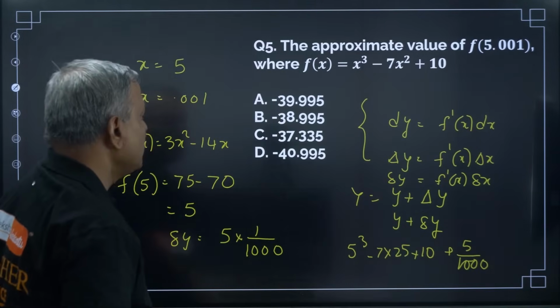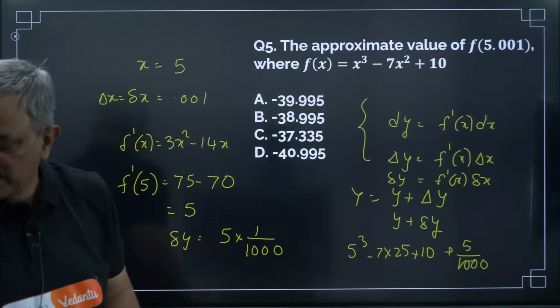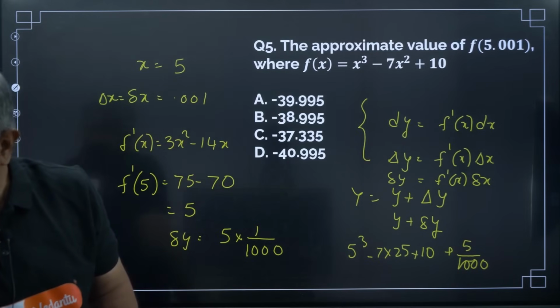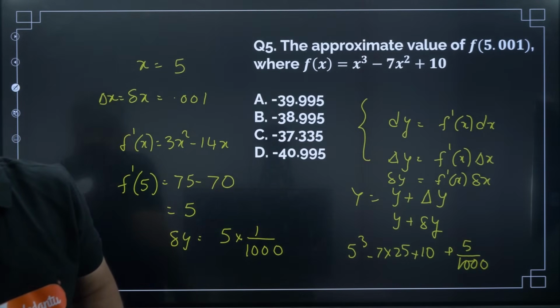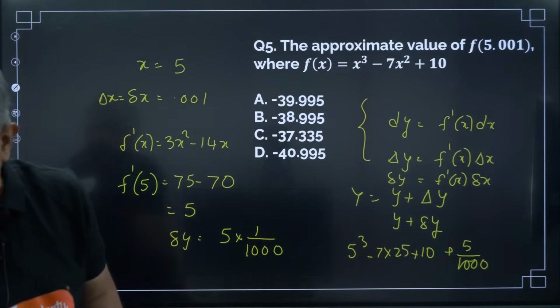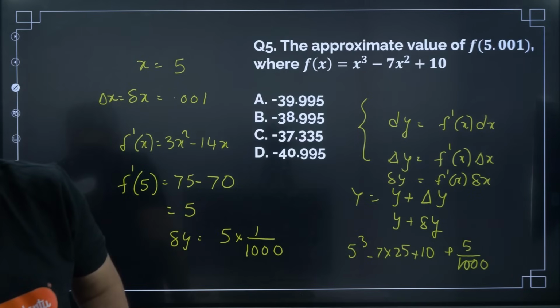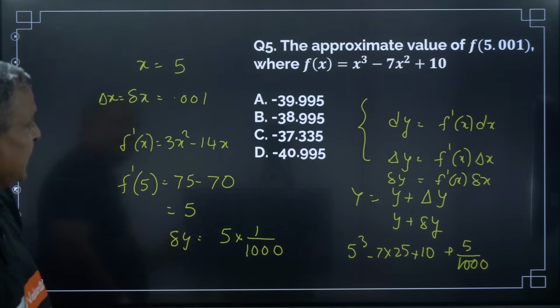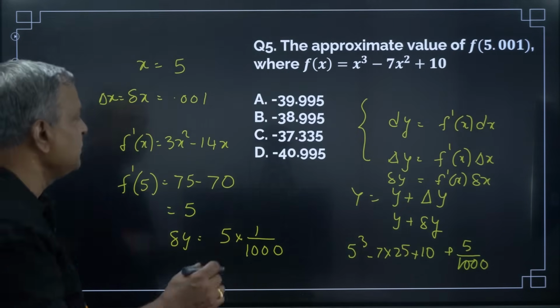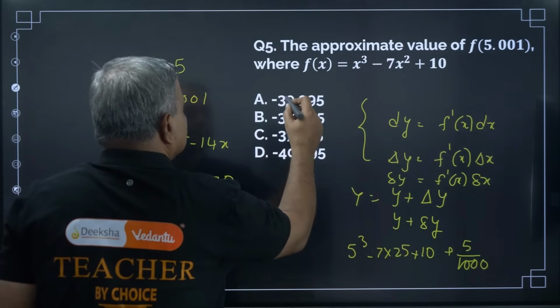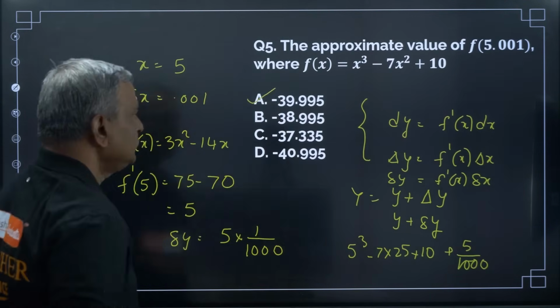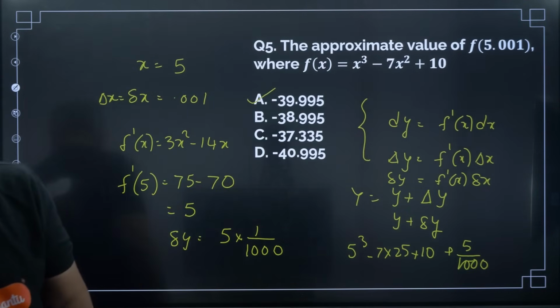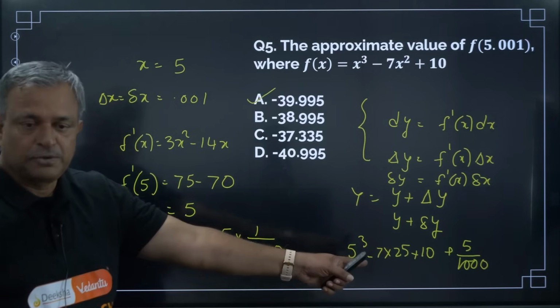Okay, further you all can solve. I think your answer will come. Let me check, you must get minus 39.995. You get option A. Substitution and all.